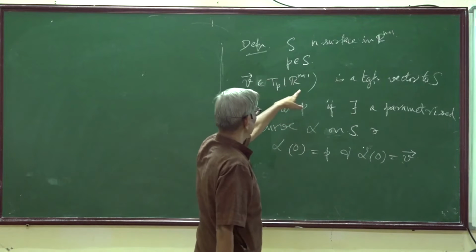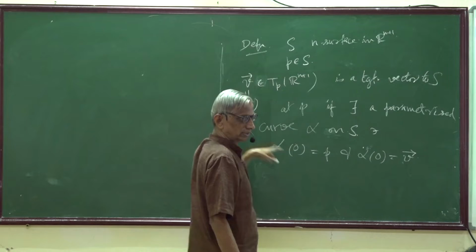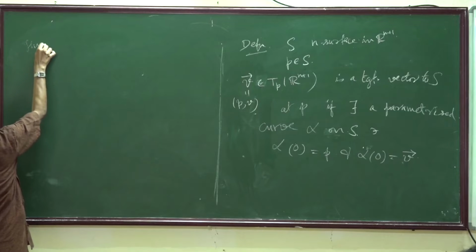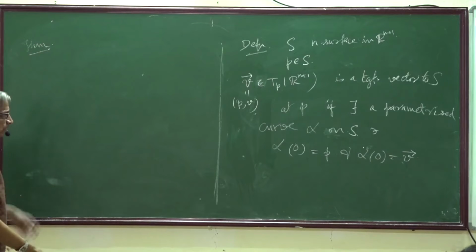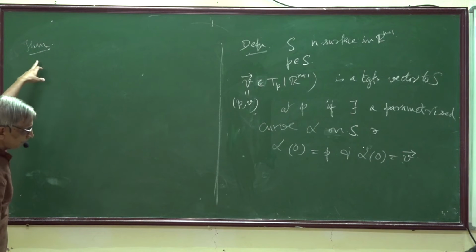So elements of the tangent space are vectors, right? So now the point here is, you have essentially proved this, but we will write down the proof in time.